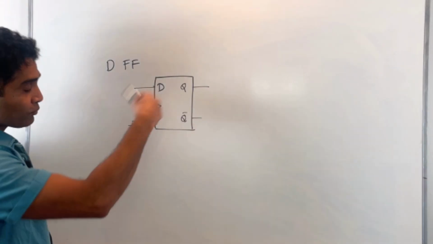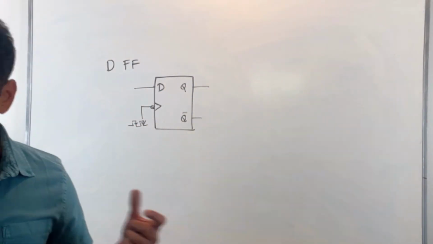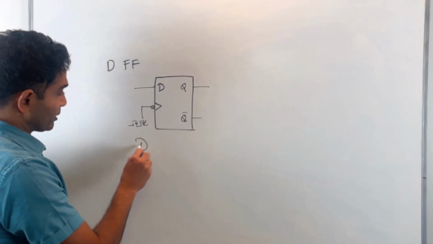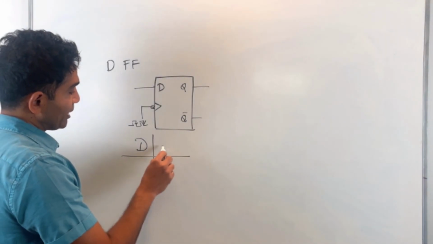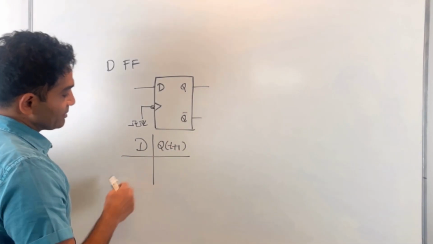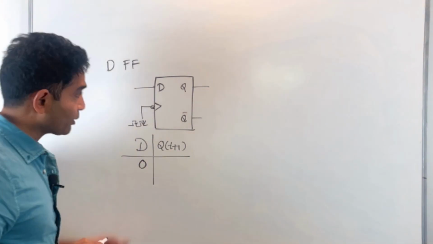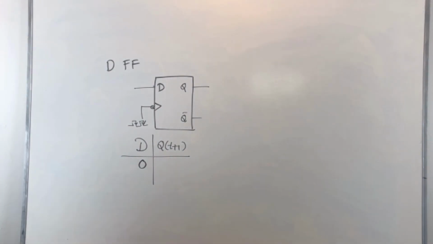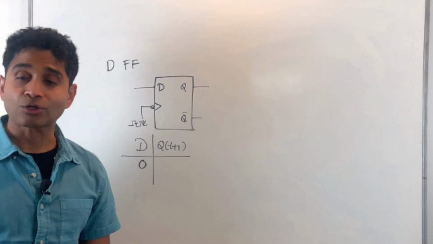And then we also looked at the characteristic table for this. Now for edge triggered flip-flops, we talk in terms of, okay, so you have your D input, you have your Q(t+1). What this means is I am applying an input on my D input on the inactive edge of the flip-flop. Inactive as in when the flip-flop is not triggered. Right?